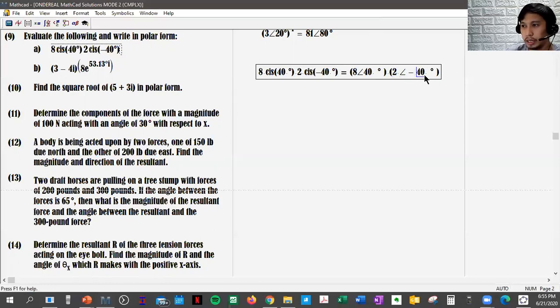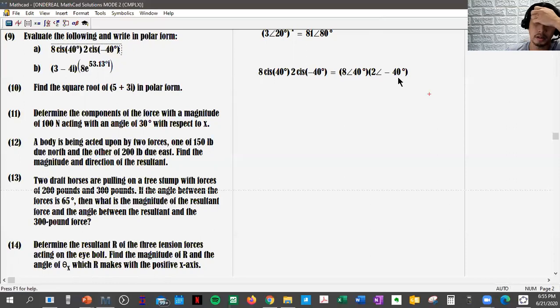So, if we are to evaluate that, magiging ano yan?